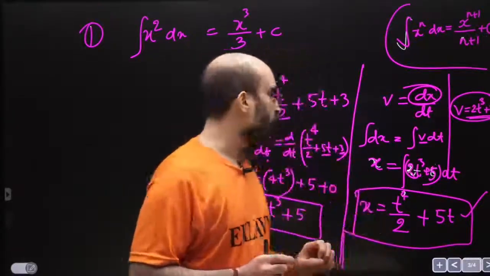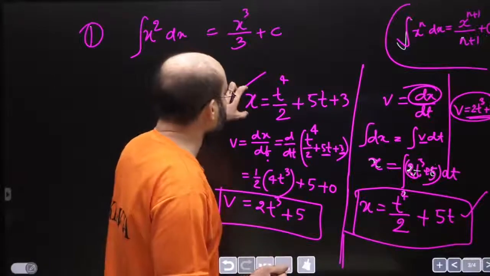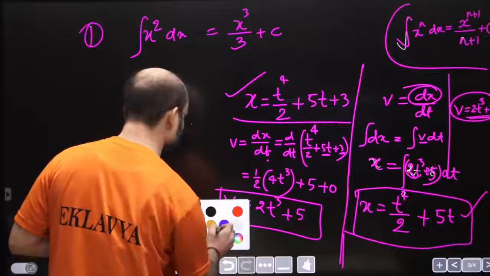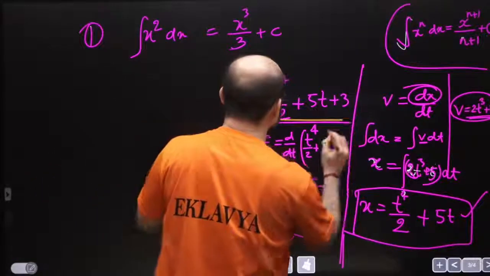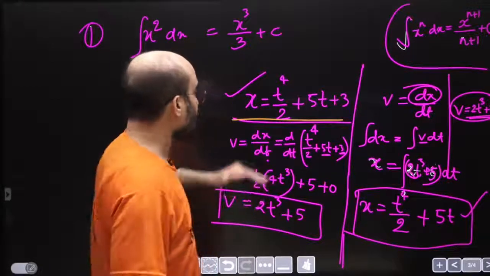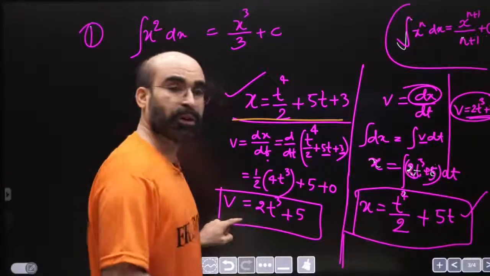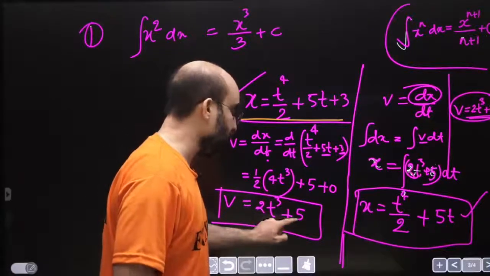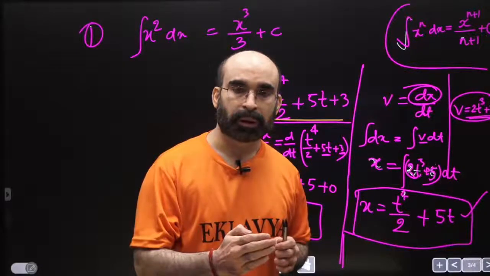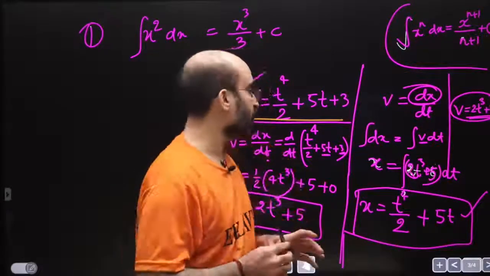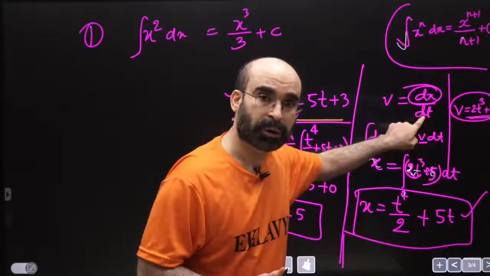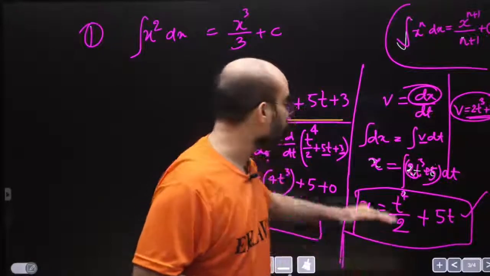What comparisons? If you take x equals t raised to power 4 by 2 plus 5t plus some constant 3, then you will get this value velocity 2t cube plus 5. Since differentiation and integration is reverse process, as I have told you, with the help of integration we can determine the value of x.